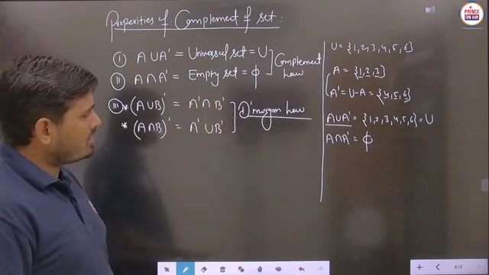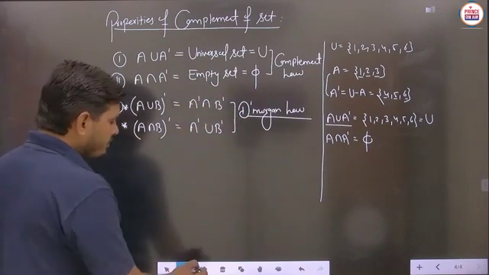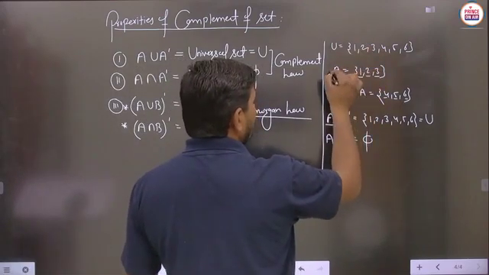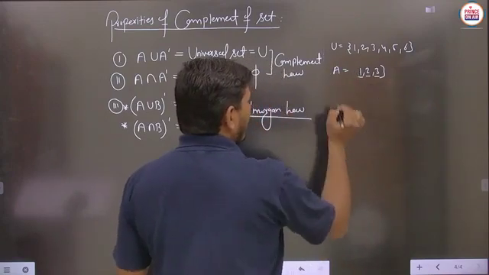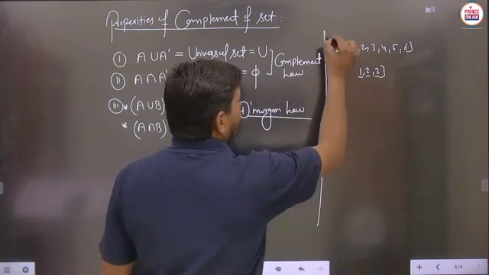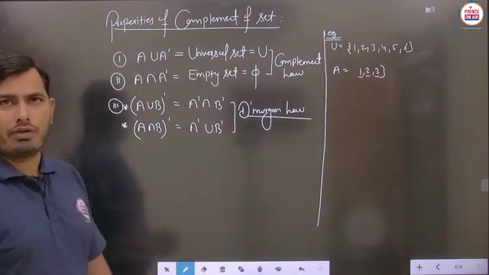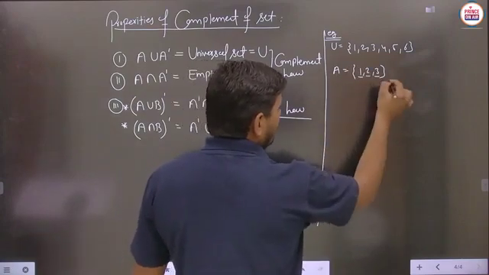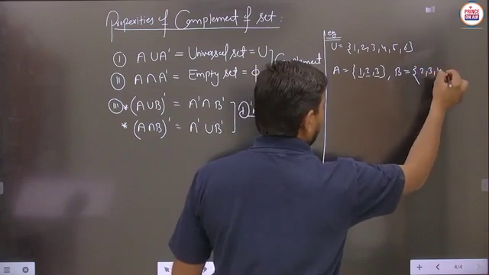We take a suitable example for a universal set U, and another set B. Let the universal set be 1, 2, 3, 4, 5, 6, set A be 1, 2, 3, and set B be 2, 3, 4. Is it clear?